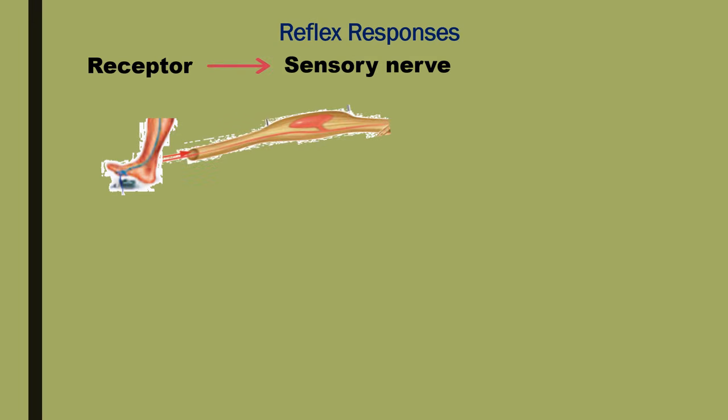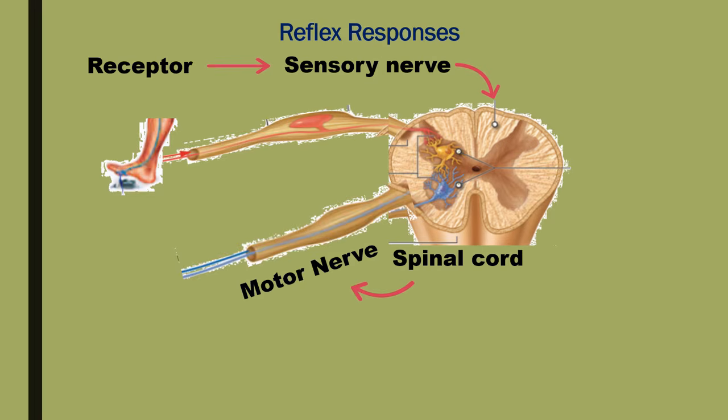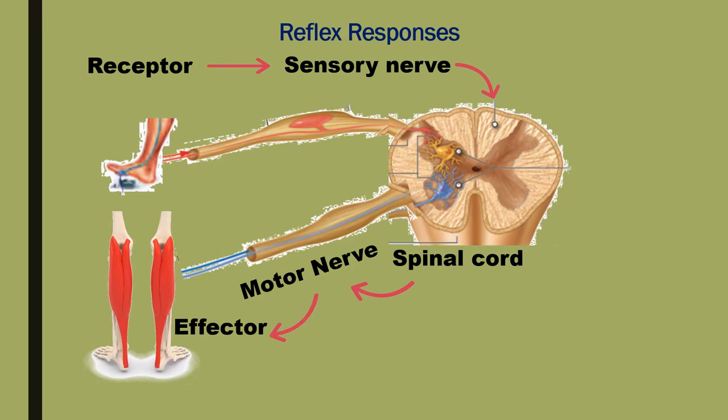The sensory nerve carries the signals to the spinal cord. Spinal cord intermediate cells relay the signals directly through the motor nerve. Motor nerve carries the signals to the effectors, the muscles in your leg. The leg muscles will draw out your foot from the sharp object.